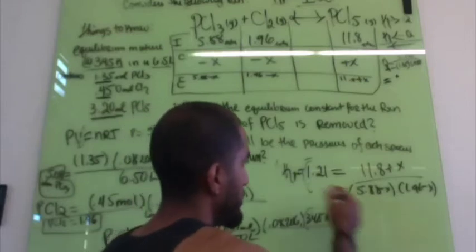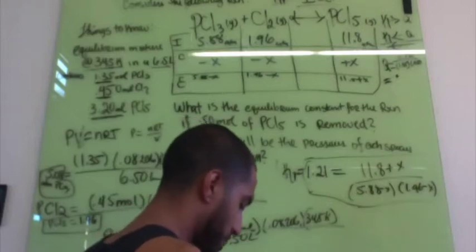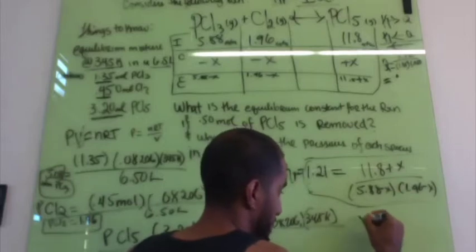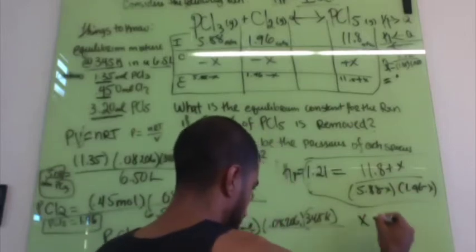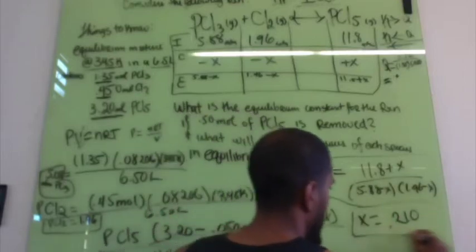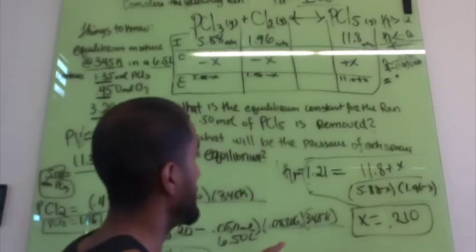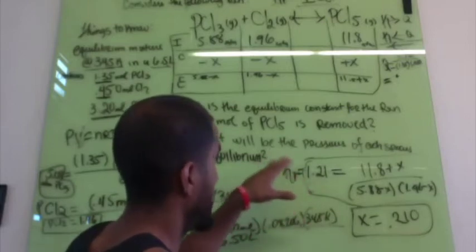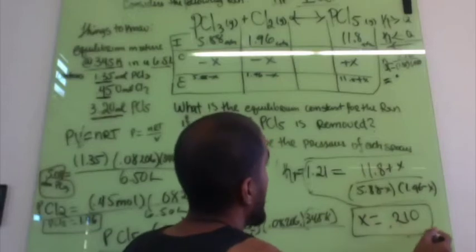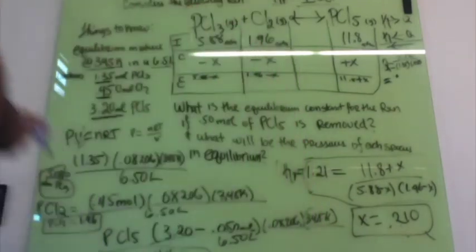So when we distribute this all out and put it in standard form, we will use the quadratic formula to solve for x, and you'll get an x value of about 0.210, I believe. So what we're going to do with this, and this is to find out all the pressures of each species in equilibrium, we'll plug this back into these equations.